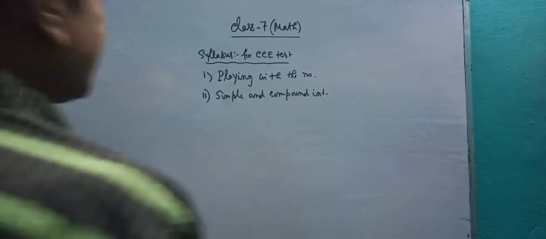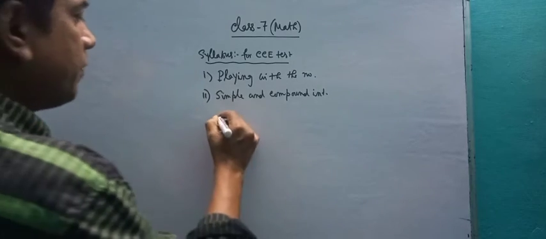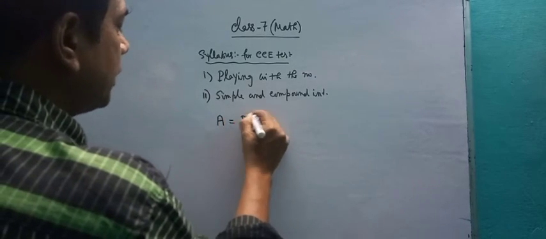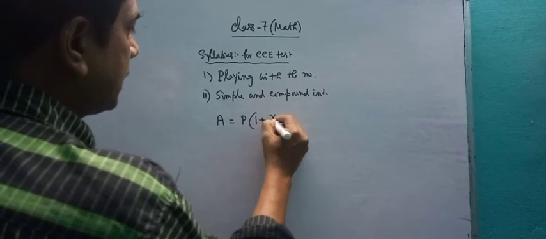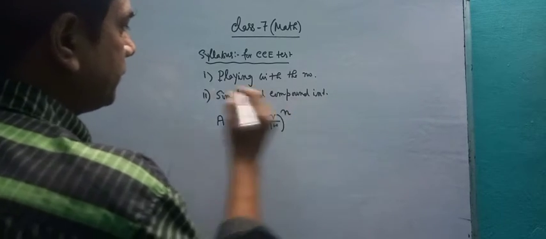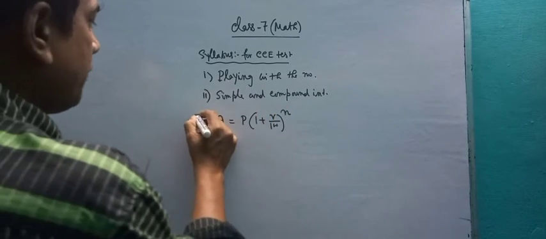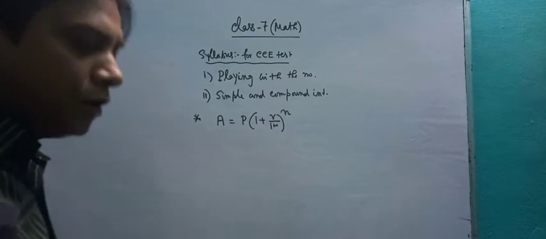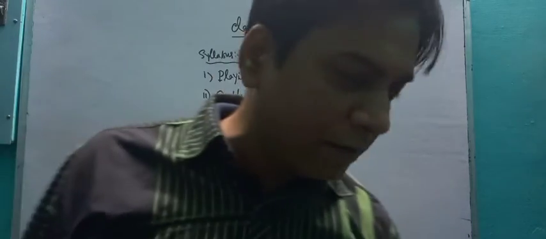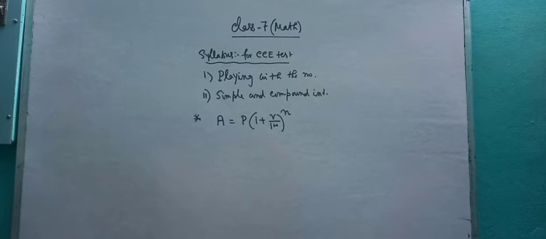So for compound interest, we require the formula A is equal to P into 1 plus R by 100 to the power N. For compound interest purposes, we require this formula.